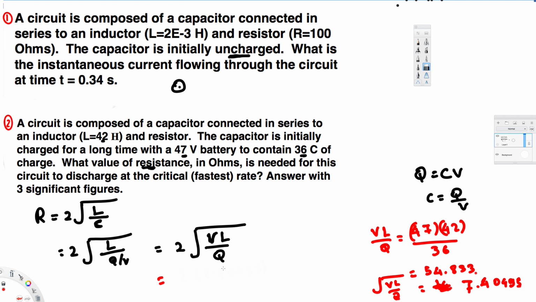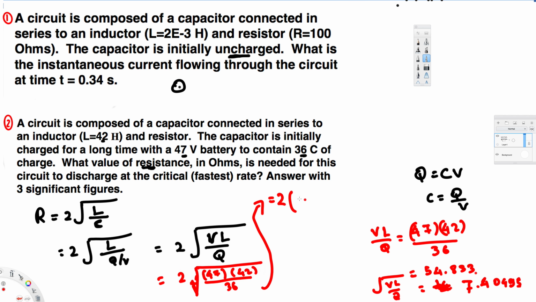Okay, 2, instead of V we plugged 47, and instead of L we plugged 42, and the charge was 36. Okay, that's the one we did here, that's the one we did and calculated. We only calculated this square root part, so we have to multiply that one with 2.